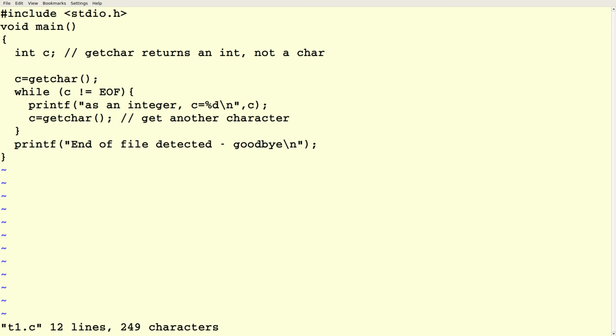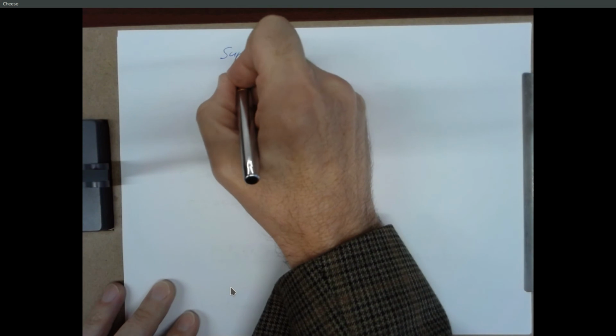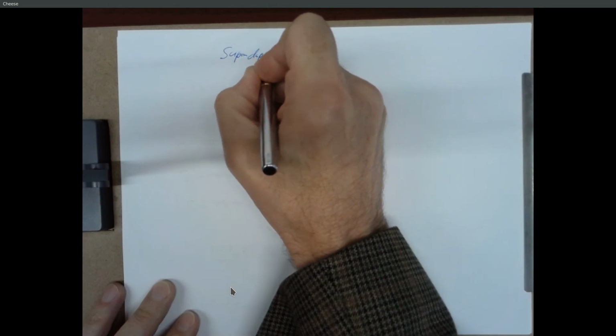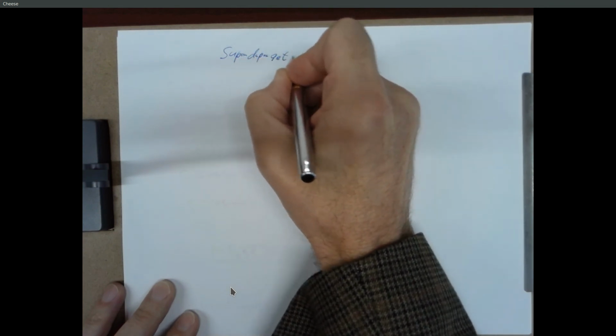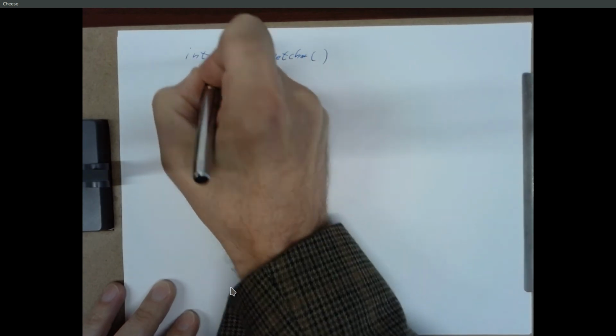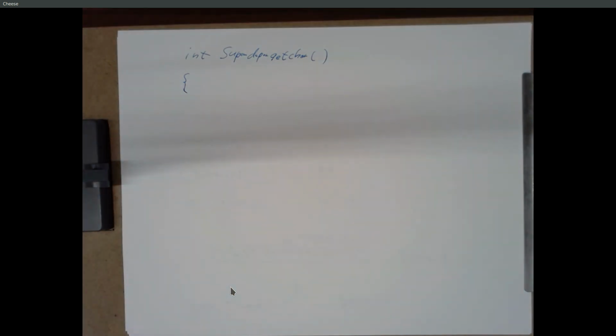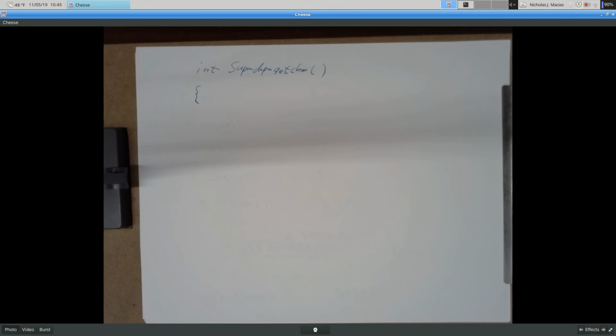Let's talk about super duper getchar. So super duper getchar should be just like getchar but better. It's going to return an integer, doesn't take any arguments.